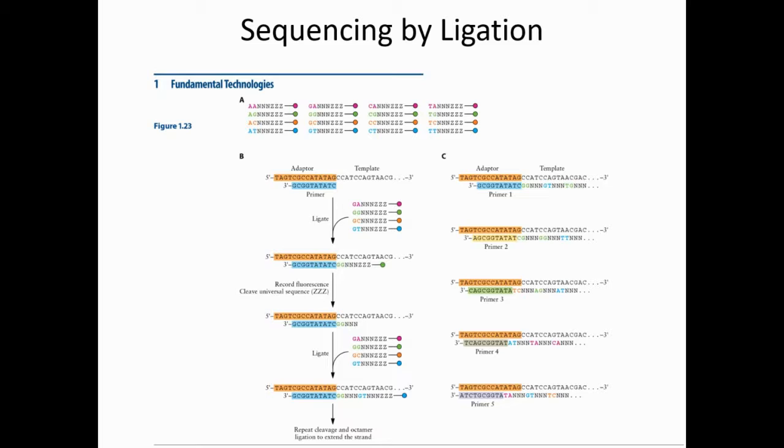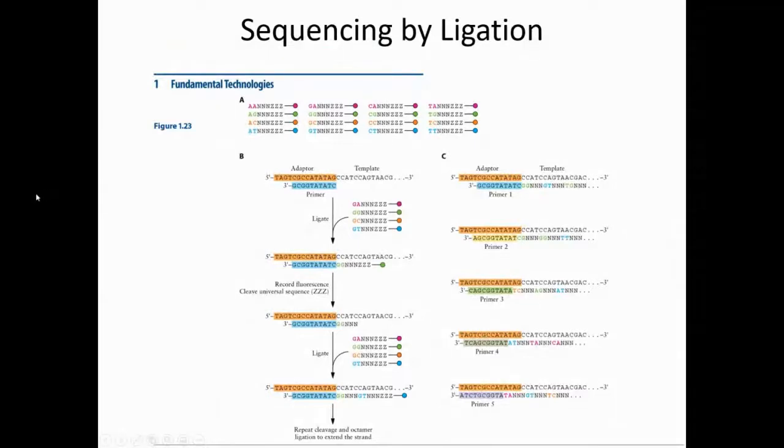And then after washing away the non-ligated octamers and other components, the fluorescence signal is recorded, and the identity of the dinucleotide in the query position is determined by the fluorescence signal. And then the fluorescence dye is removed after each cycle by cleaving the terminal universal nucleotide. And then the cleavage provides a free end for ligation of another octamer in the next ligation cycle.